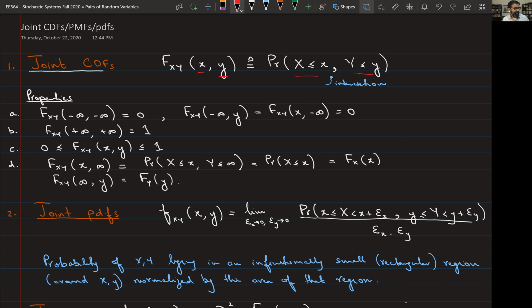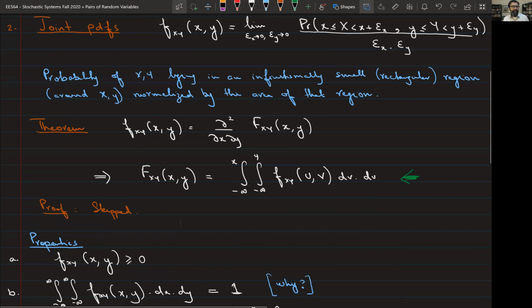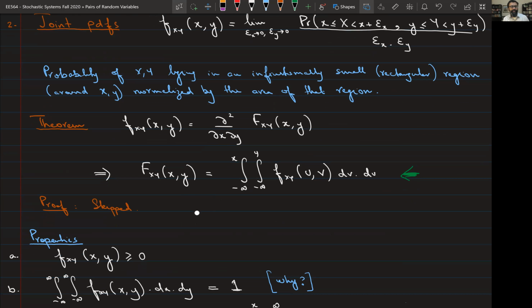Then we talked about some properties. Let me just skip over those and not discuss them here. Then we talked about the joint PDF, and the joint PDF is nothing but the partial derivative of the joint CDF with respect to X and with respect to Y. As a result, the joint CDF is the double integral of the joint PDF.